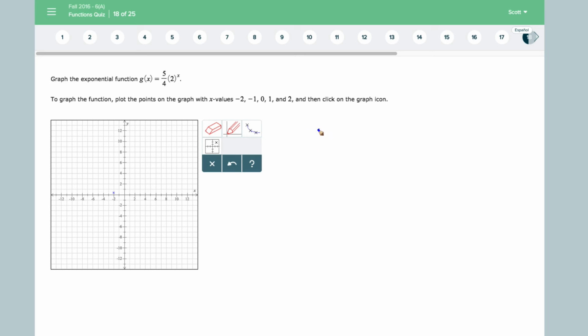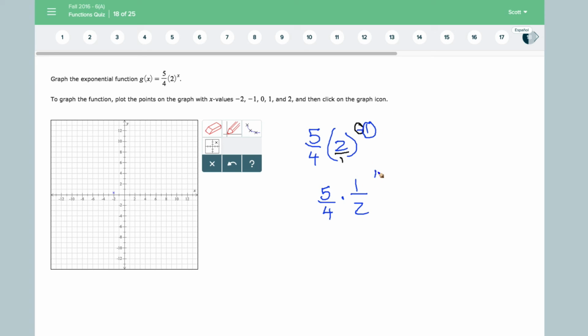We have 5 over 4 times 2 raised to the negative 1 power. And again, that negative tells us that we flip the fraction upside down. So that becomes 5 over 4 times 1 over 2, and that's all to the 1 power.